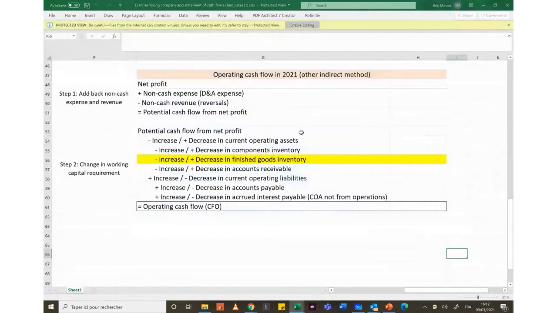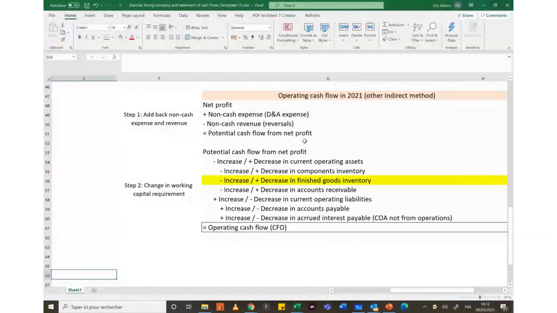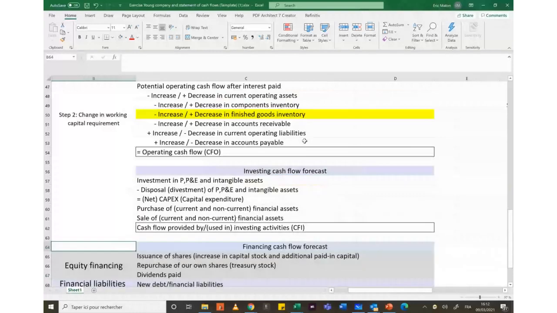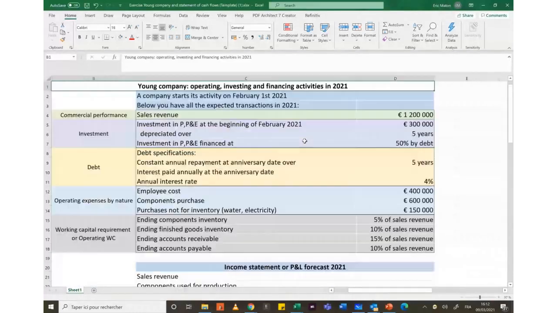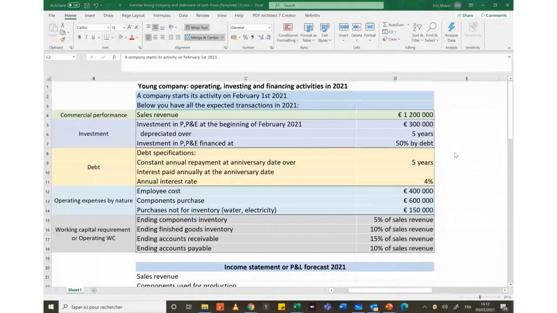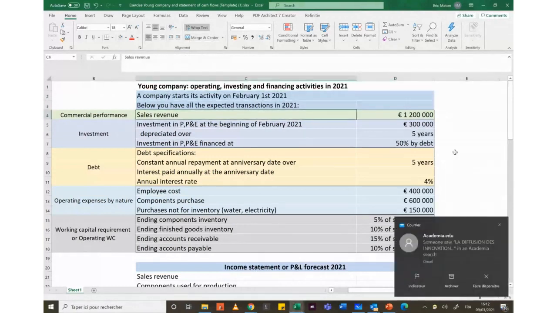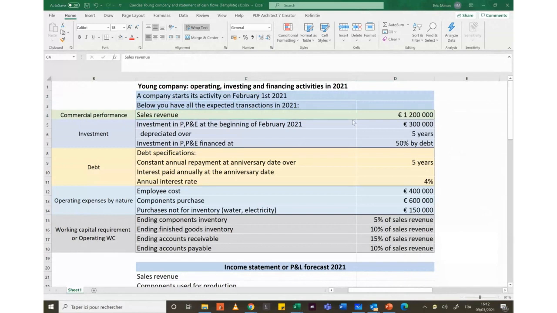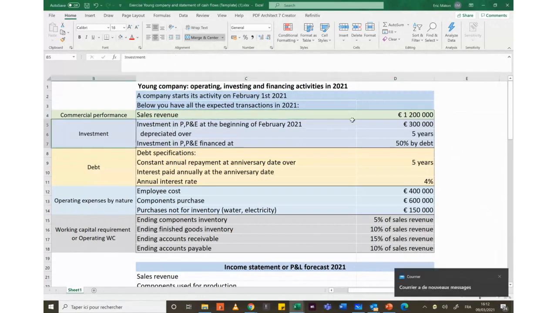So in this exercise, we suppose we have a new company. We have information about the new company. The company started the activity in February of this year. We have the commercial performance, sales revenue. We have information about investments. We have information about the debt.